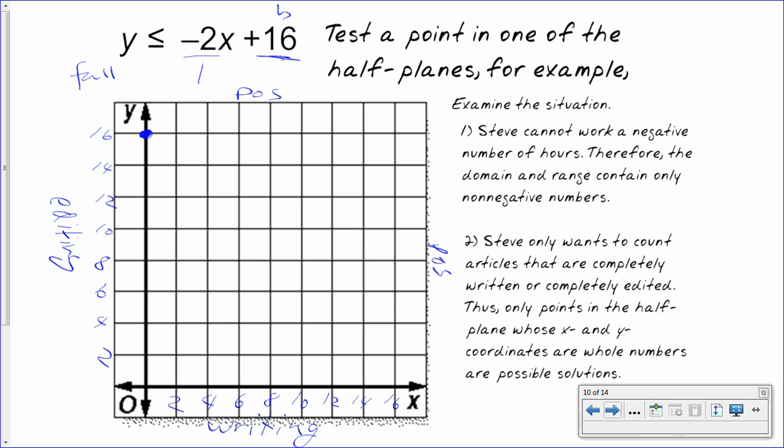So it goes 2 down, and then 1 over. 2 down, 1. 2 down, 1.